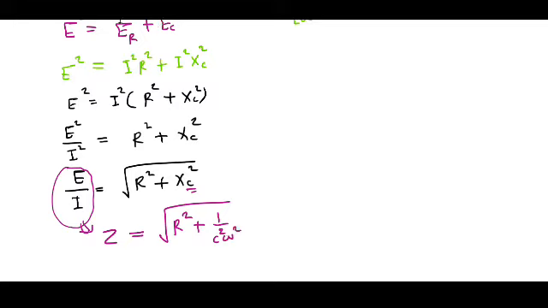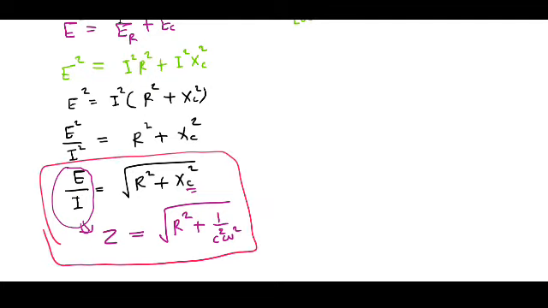Fine. This is the total impedance offered by the RC circuit to the flow of the AC current. Simply we can say this is the impedance of the RC circuit.